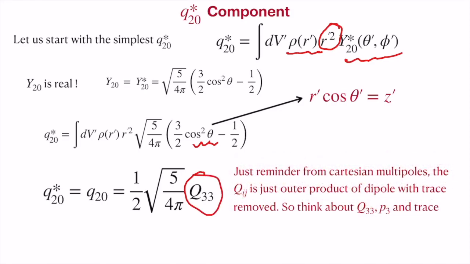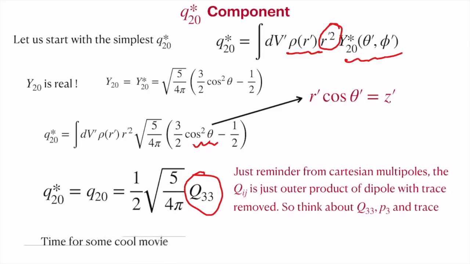It is just to remind that the Cartesian quadrupole moment is the outer product of the dipole moment with the trace removed. You should also think about this relation, as we have done with P3 and Q10, and it similarly acts as the z component of angular momentum, and so on.